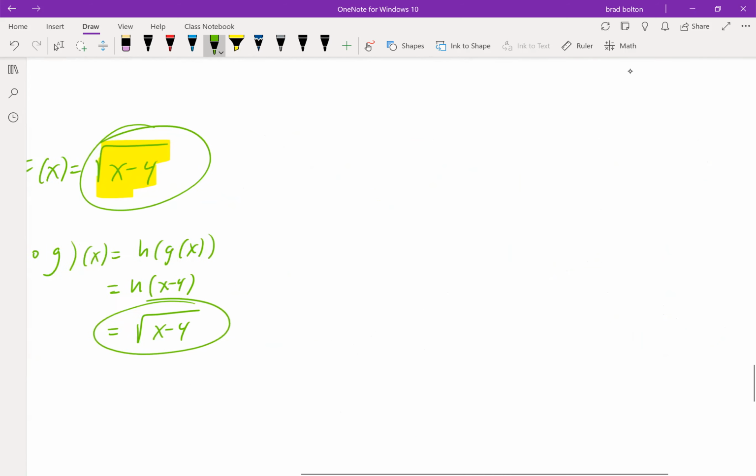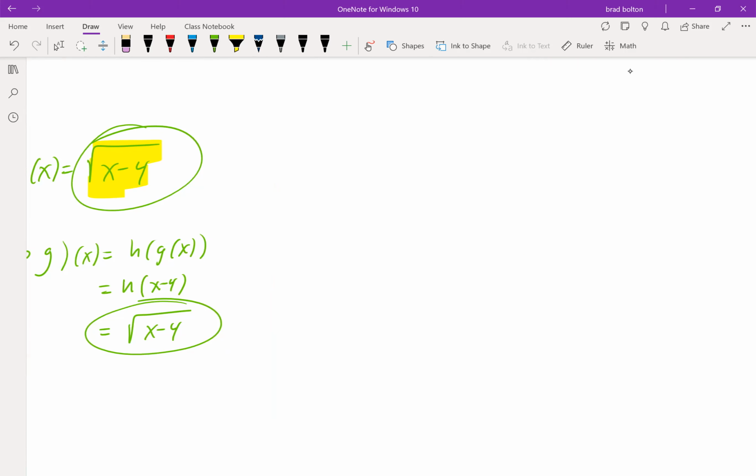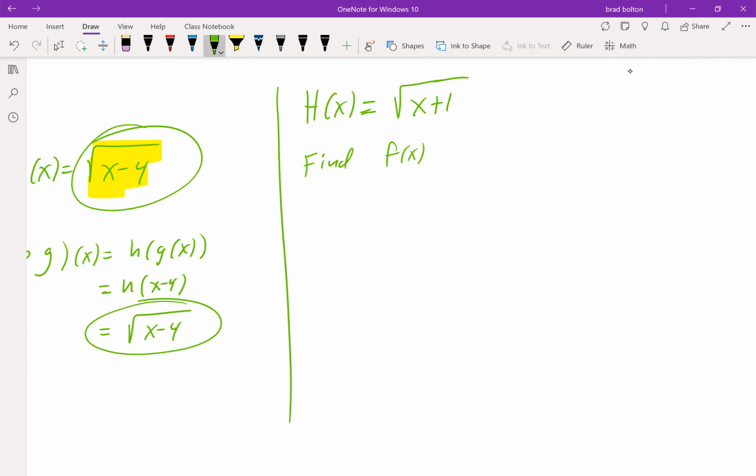Now, another way to look at it, here's where you've got to be more careful. What if I told you that big H of x is worth, oh, I don't know, the square root of x plus 1, okay? And then I ask you to find f of x and g of x such that f composed with g of x equals big H of x.